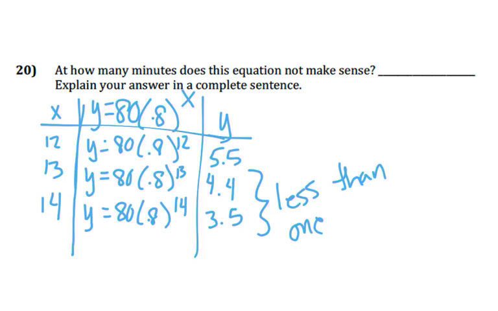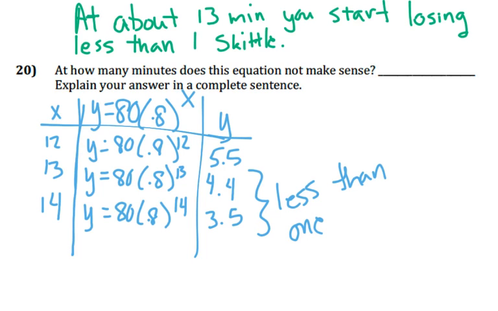And we can't lose less than 1 Skittle. It's impossible. Right? It's starting to not make sense here. So your answers may vary in answering this, and there's probably a lot of different things that we could put down. Okay? But I'm going to say at about 13 minutes, you start losing less than 1 Skittle, which doesn't make sense.